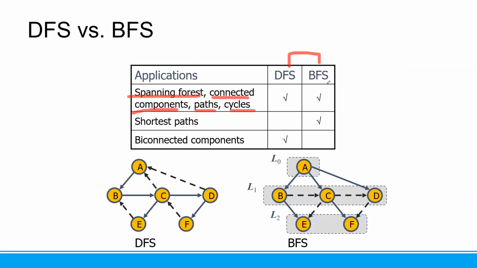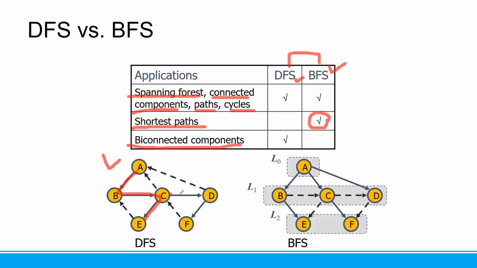But the BFS is more proper for the shortest path problem. DFS is more proper for biconnected components.